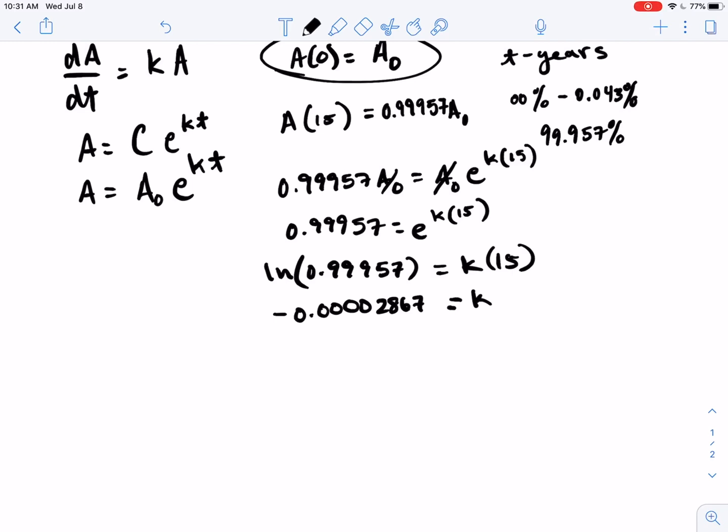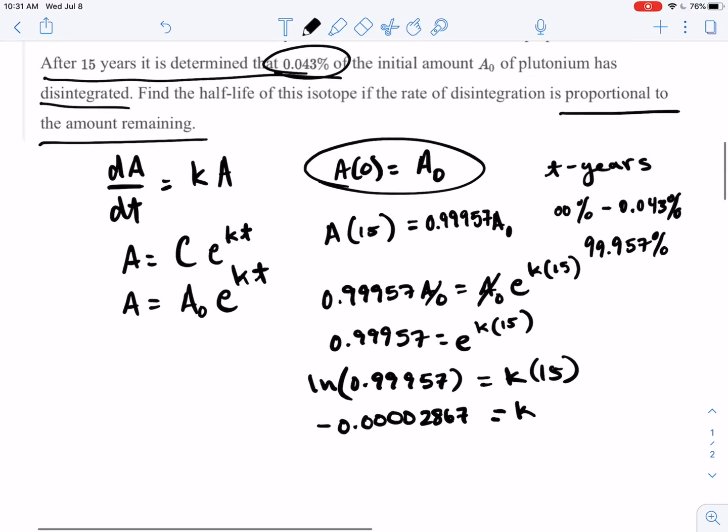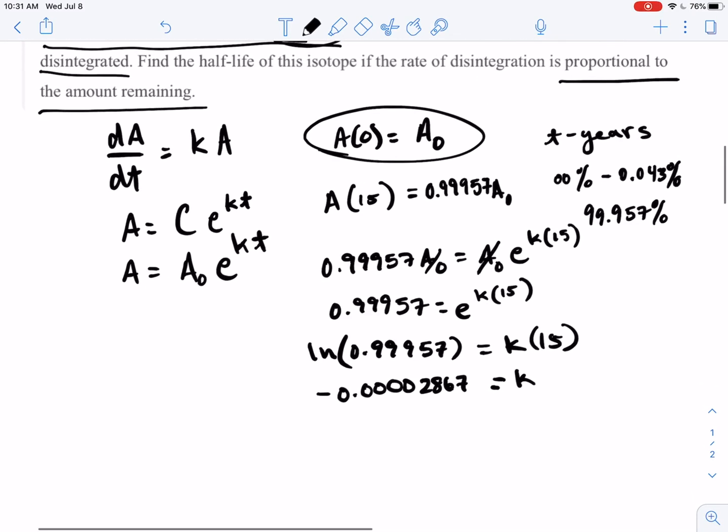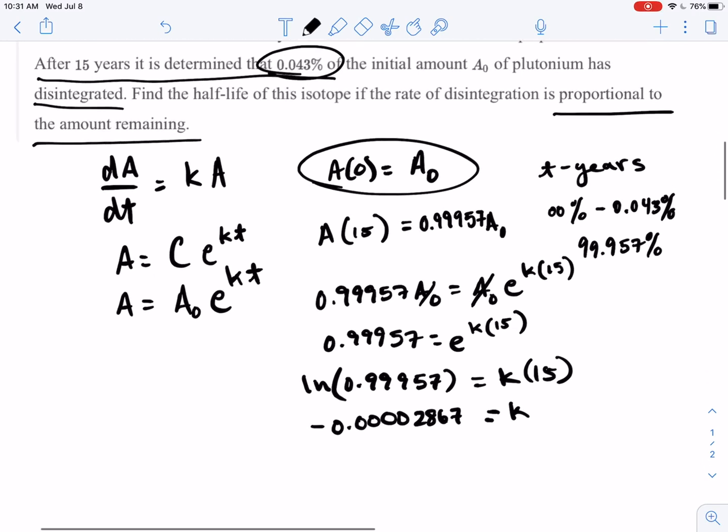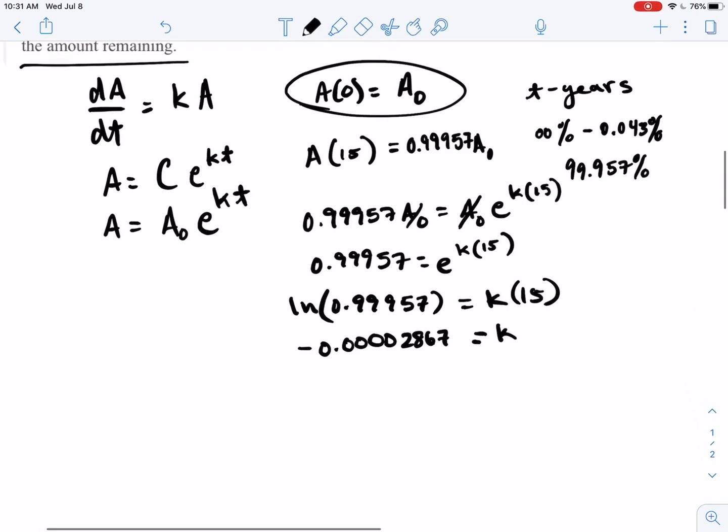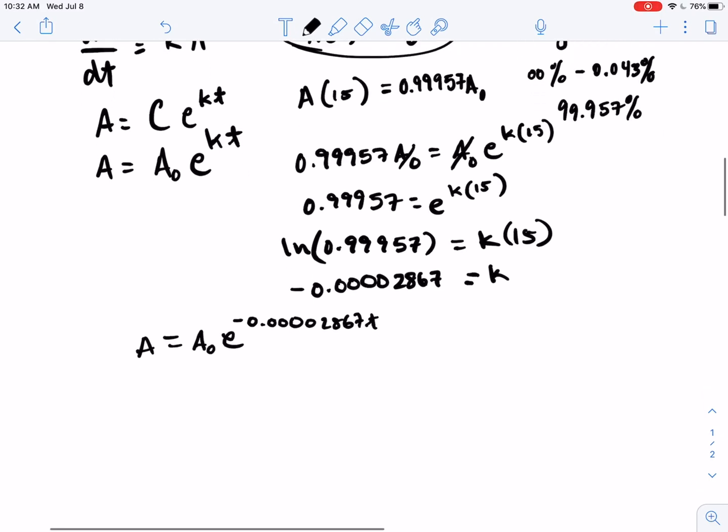Okay, so here I'll have A equals initial value A naught, and then times e to the negative 0.0002867t. And this is the equation we want to use.